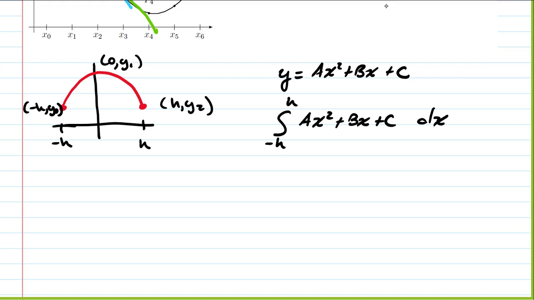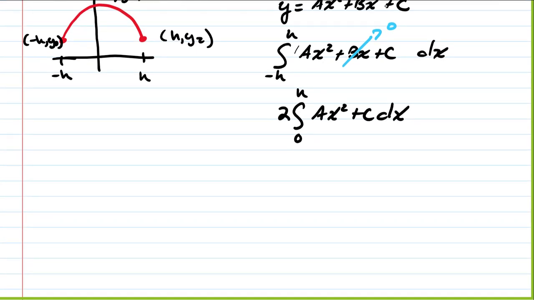It is an integral on a symmetric interval, so any odd degree terms are going to have integral 0 by symmetry, and all of the ones in the middle are going to get doubled, so all of our even functions. So this is the same as 2 times the integral from 0 to h of ax squared plus c dx. We then calculate this integral.